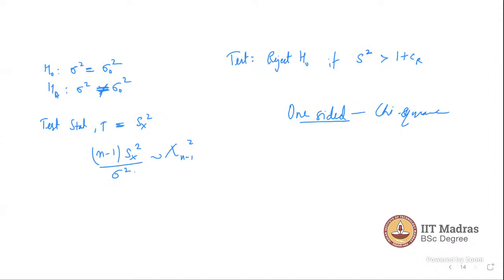It will be given in the problem statement itself. If it is written something like whether the mean is the same or different, then your null hypothesis is that the mean is the same and the alternative is that the mean is different, that is, not equal to.